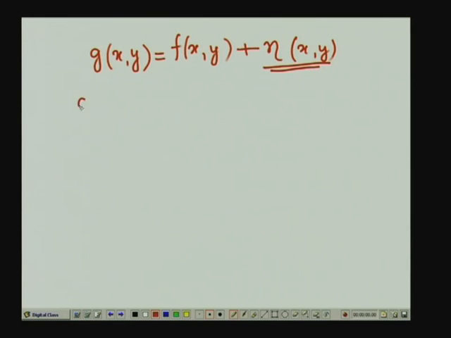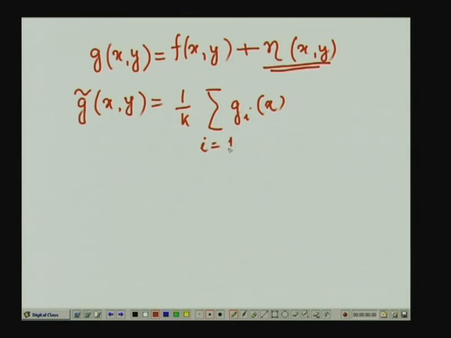Simply because if I take the average of k number of frames, then g tilde(x,y), which is the average of k frames, is given by 1 over k times the summation of g_i(x,y), where i varies from 1 to k.